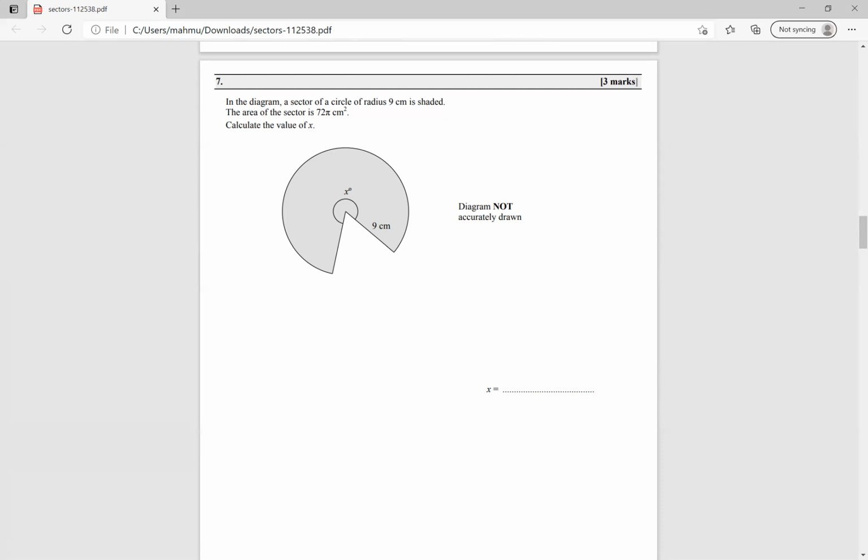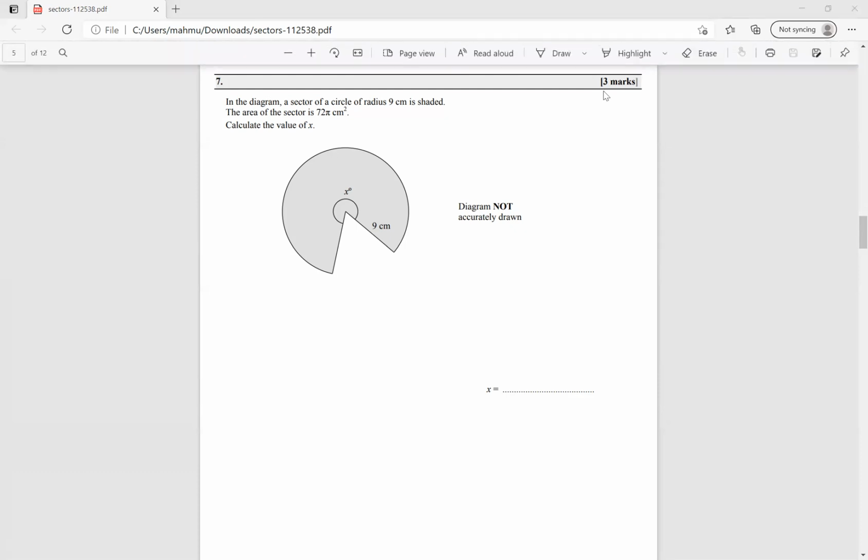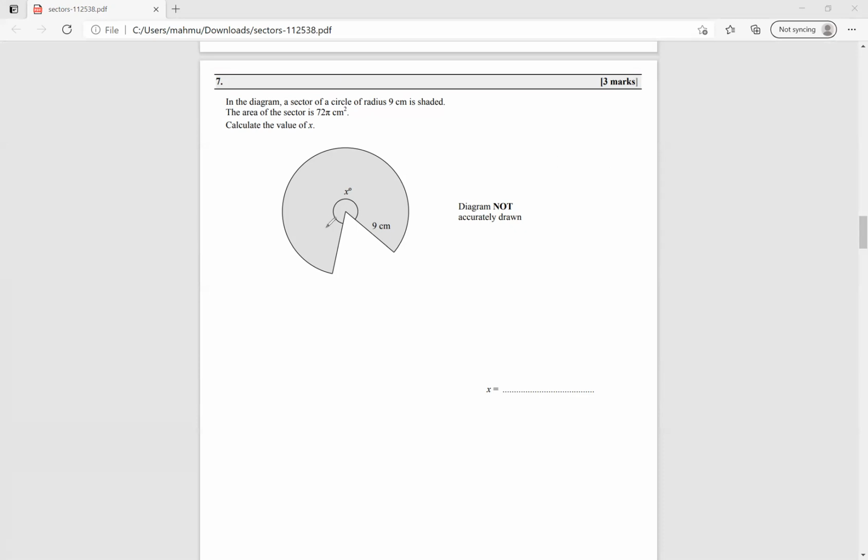I don't really get it. Okay, so normally the area of a sector, this is a sector, is angle over 360, where the angle is this angle here, x, right? Always write the formula so you know what you're doing.